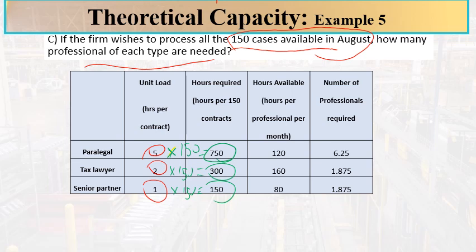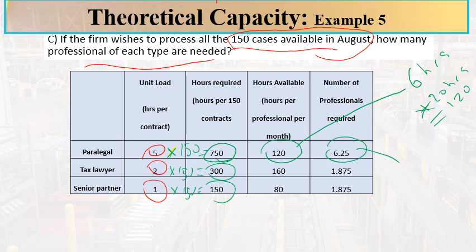Now the hours available, this number is basically, remember, each resource unit could work 6 hours per day, and we know that there's 20 days per month, so we get that 120 number. And then this number is basically our overall hours required, 750, divided by the hours available, which is 120, which tells us how many workers, how many resource units we need.